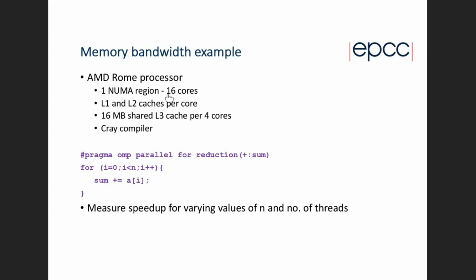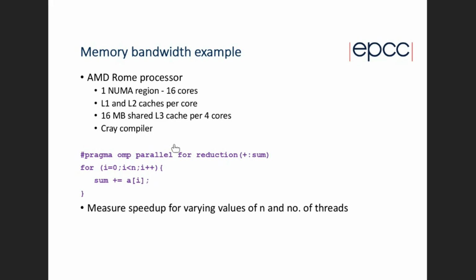So there are no NUMA effects going on here. Each core has its own L1 and L2 caches, and then there's 16 megabytes of shared L3 cache for every 4 cores.